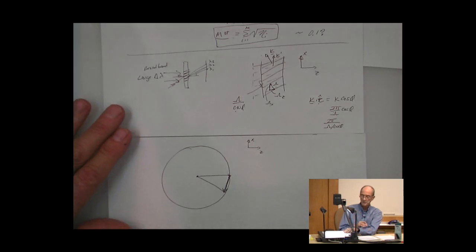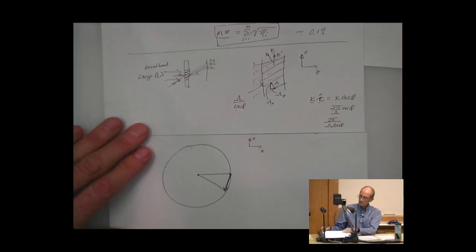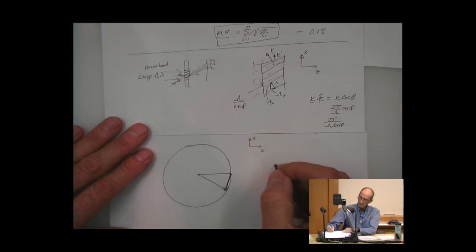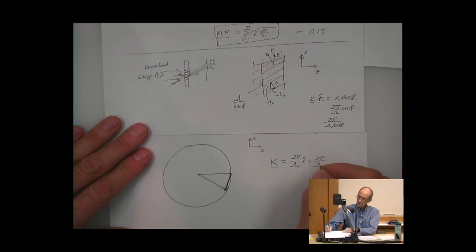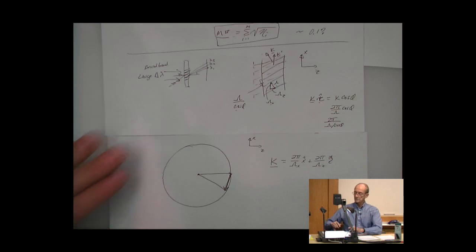It's a little subtlety that also comes out of this. But at any rate, we can say that we have a k vector which is equal to 2 pi over the period component in the x direction plus 2 pi over the period component in the z direction.